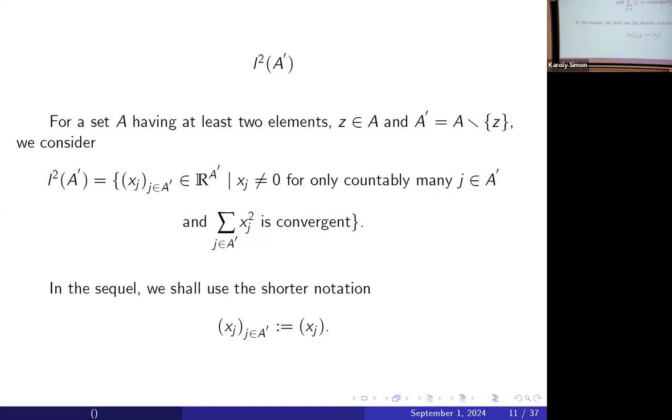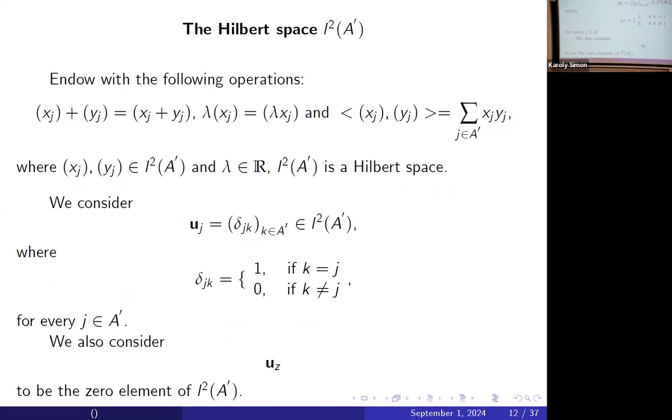And from now on, instead of writing x_j with j in A prime, we write just x_j. And we know that we can organize little l2 as a Hilbert space because we have a canonical addition, a canonical multiplication with scalars, and also we have a canonical scalar product.